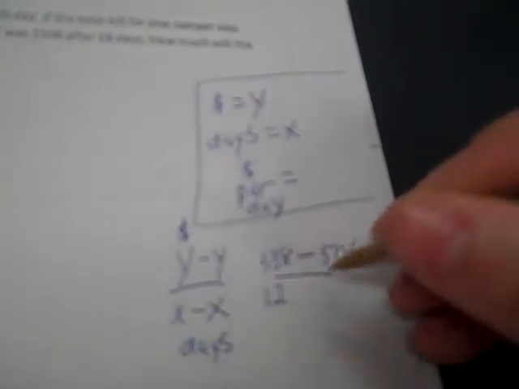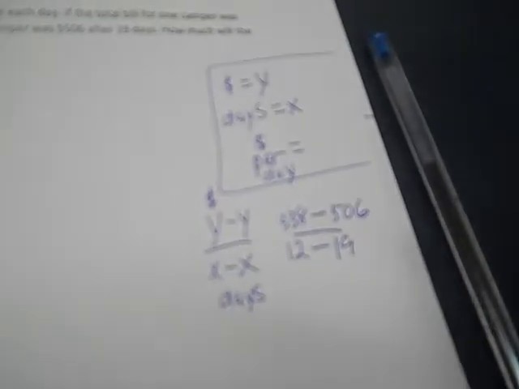So find your first dollar amount: $338, minus, then what's your other dollar amount? $506. $338 minus $506. Now, what are your days? Well, the 12 days is in the same sentence as 338, so 12 goes below that. And the other days I have is 19.